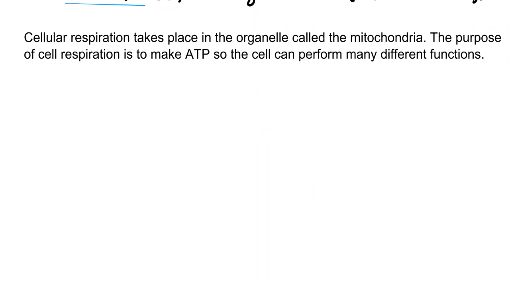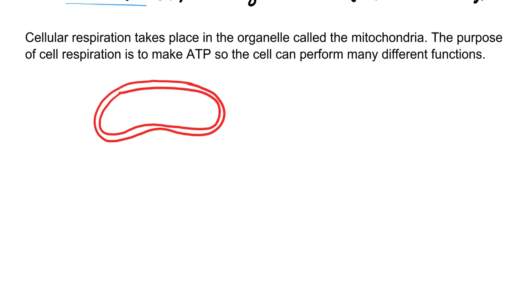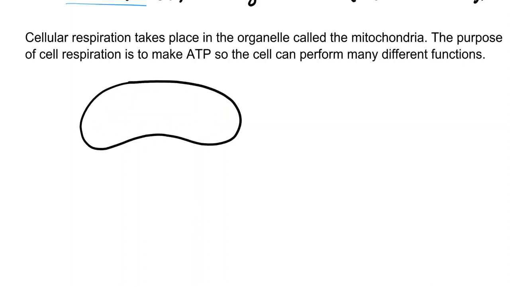And what does a mitochondria look like? Well, a mitochondria is a double membrane organelle again. I drew that wrong, sorry. It's a double membraned organelle, and it often is shown as being shaped like a kidney bean, but the inner membrane of the mitochondria is wavy.